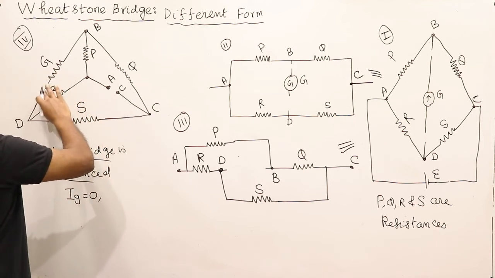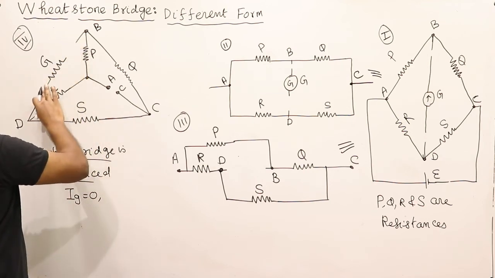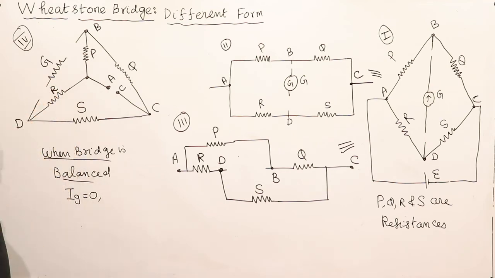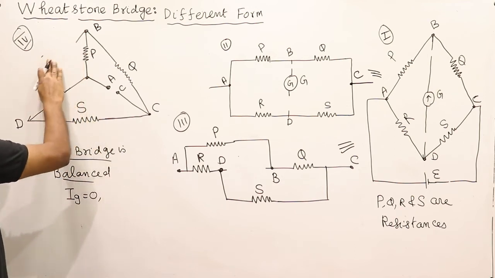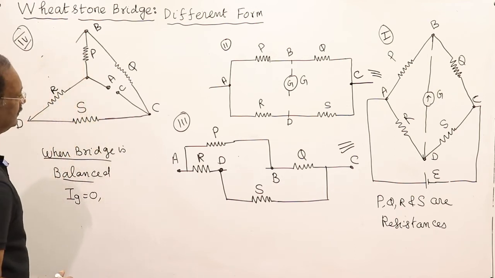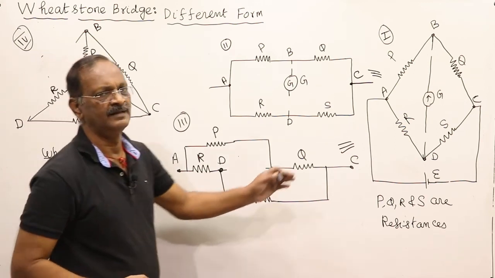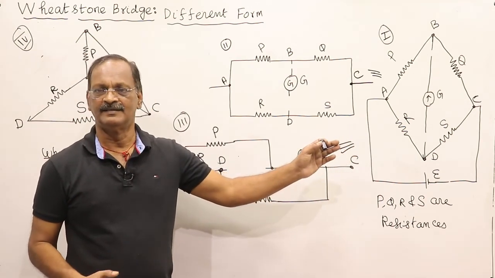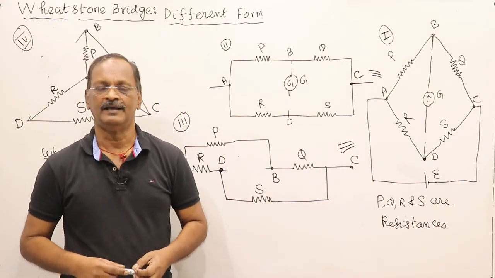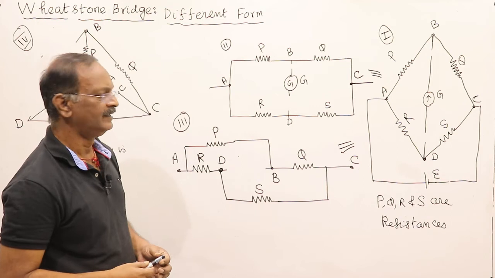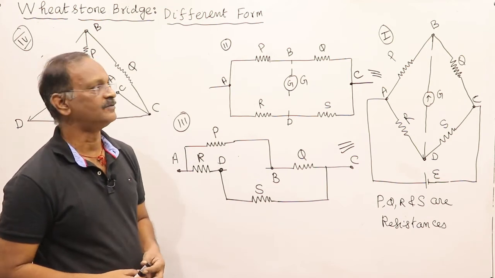Only under balanced condition can this be removed. When it is removed, the circuit will remain like this. So these are the three different forms, because in competitive examinations any type can be given, so we should be able to recognize the different forms of the Wheatstone bridge.